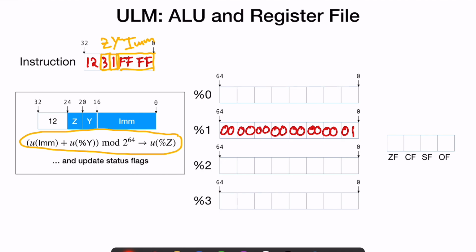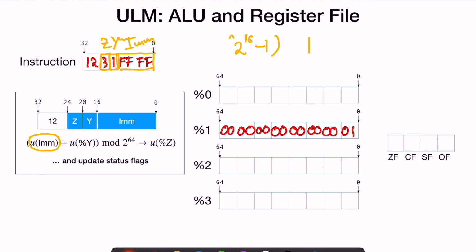But if we would follow this description, we would probably begin with this part, which tells us that we, for example, have to consider the bit pattern stored in register 1 as an unsigned integer. So the unsigned integer would be 1, which is simple. The unsigned value of the immediate value is also kind of simple to determine if you know that if you have 16 bits all equal to 1, the value is 2 exponent 16 minus 1.